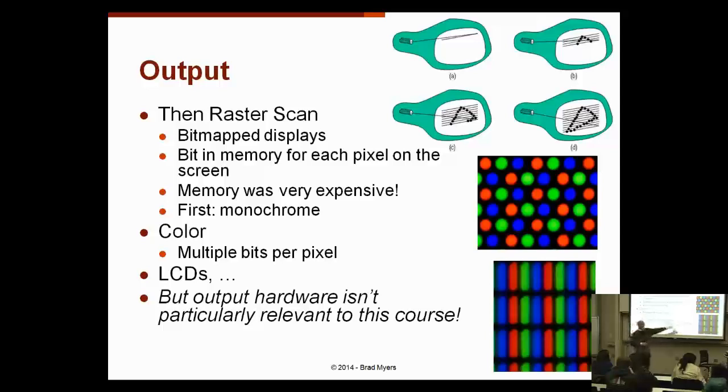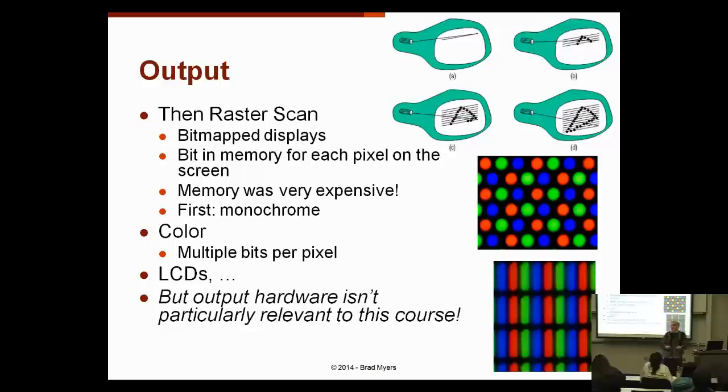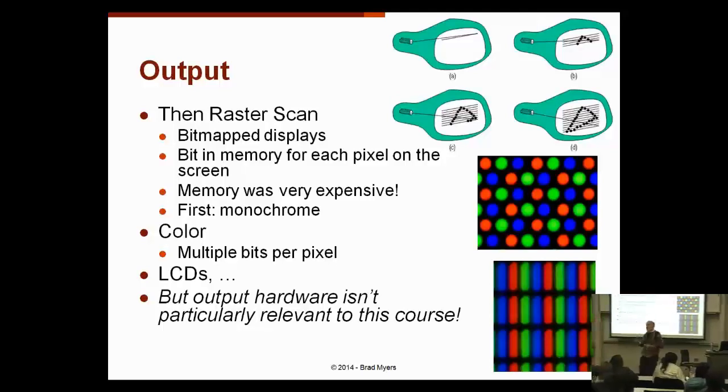So how did the computer control these? The idea that was invented in the Alto, and that was one of the reasons it was such a great boon for people to do research, was that we would take each pixel on the screen and use a bit of memory to represent that. And so the computer, the software, could say, turn on this bit, turn on that bit, by just setting those bits to 1 instead of 0.